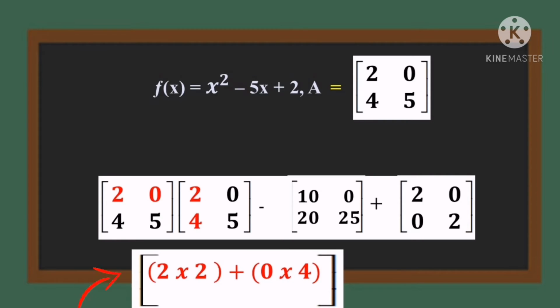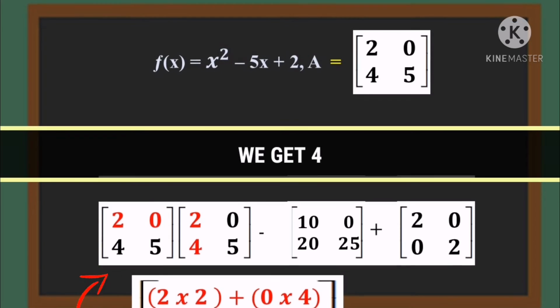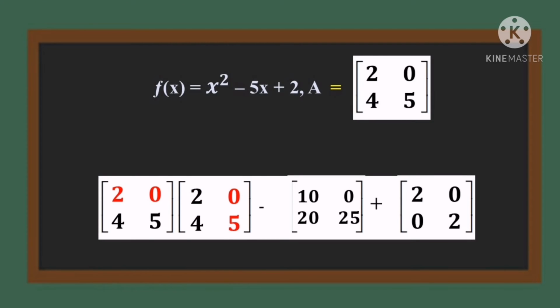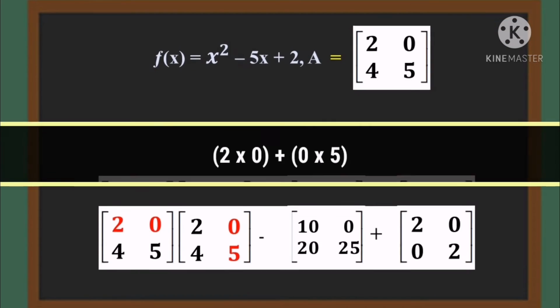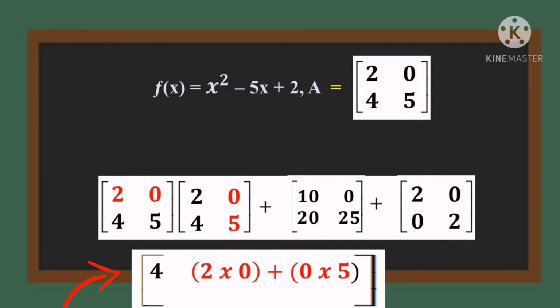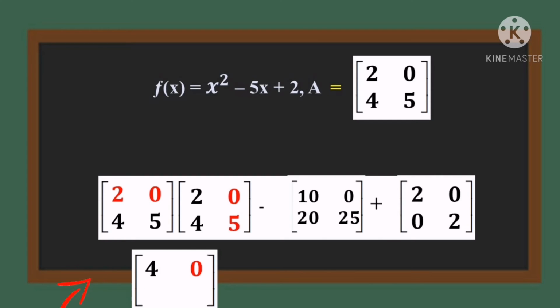We are going to multiply 2 by 2 and 0 by 4, so we get 4. Next is to take the numbers in the first row and multiply them by the numbers in column 2. So we are going to multiply 2 by 0 and 0 by 5, and we get a result of 0.